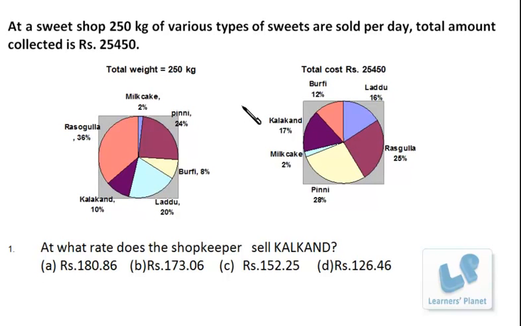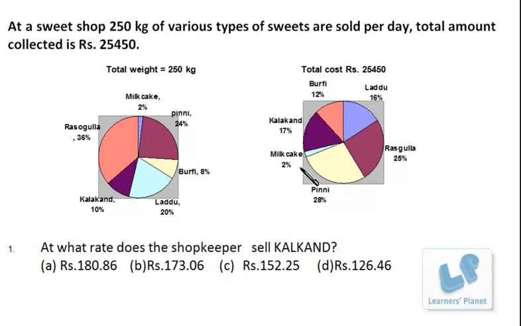Just for an example, out of the total weight 250 kilogram, milk cake was 2%. So what is 2% of 250 kilogram? That is 5 kilogram. In the total cost, what is the contribution of milk cake?